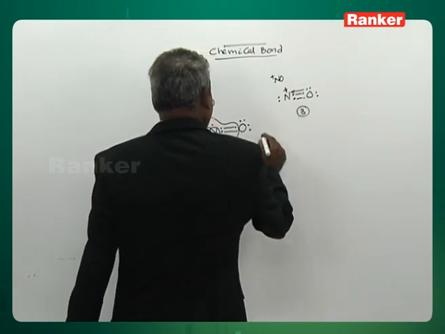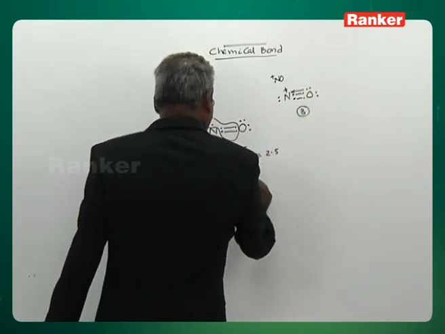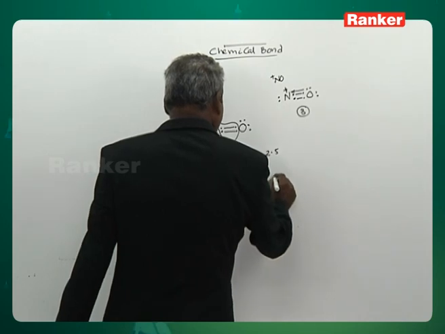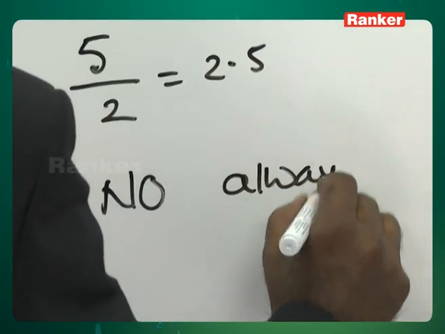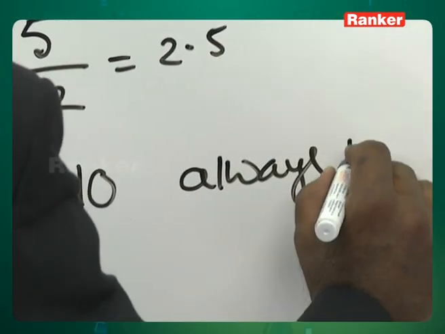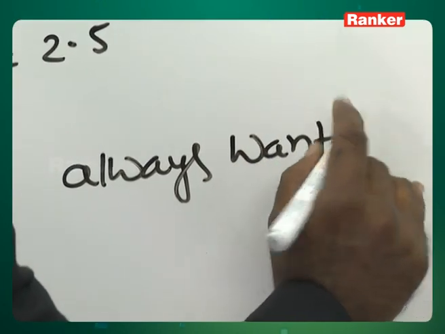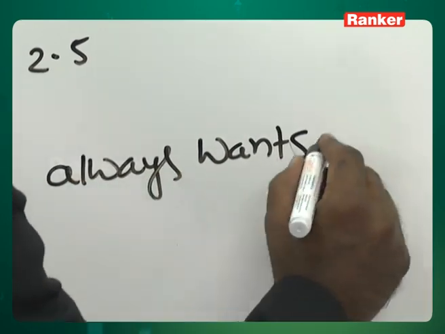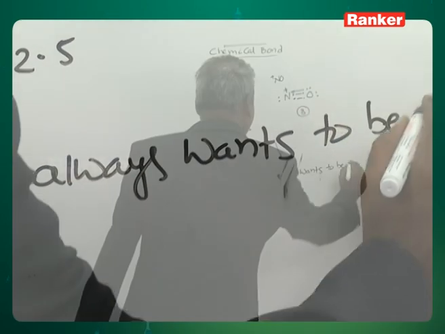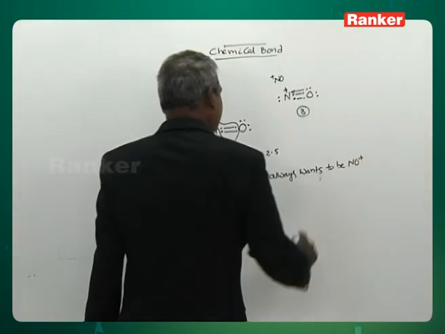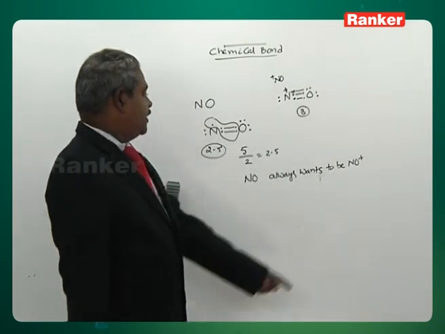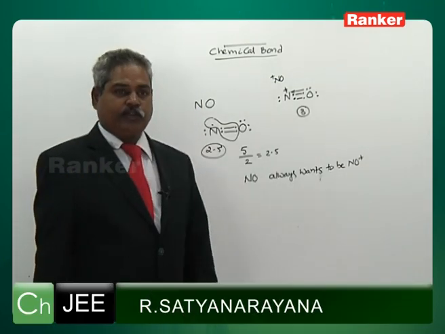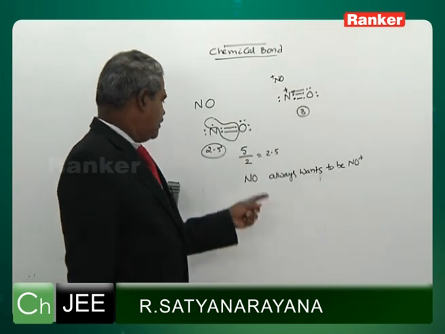Therefore, look here. NO always wants to become NO plus, a fact proved in many places. NO prefers to be NO plus because its bond order increases from 2.5 to 3. The atoms become stronger.